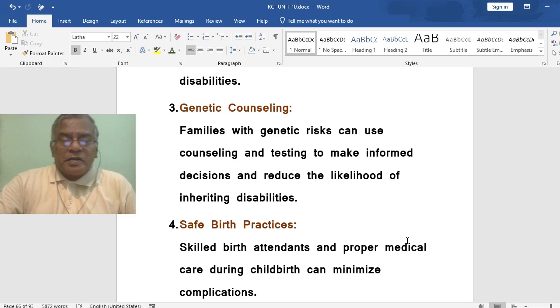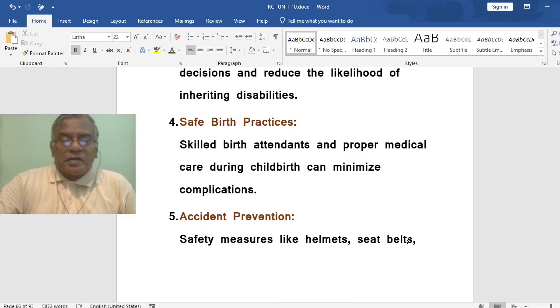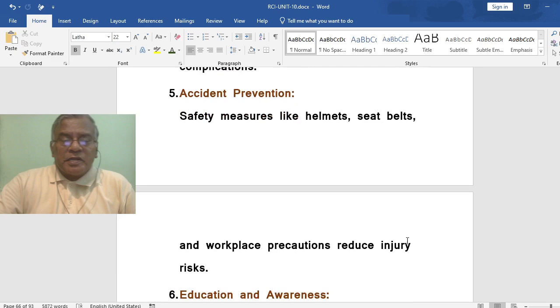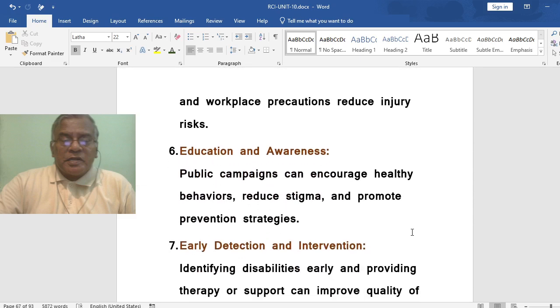Then safe birth practices. Skilled birth attendance and proper medical care during childbirth can minimize complications. Then accident prevention. Safety measures like helmets, seat belts, and workplace precautions reduce injury risk. Next, education and awareness, another important method of reducing disabilities.